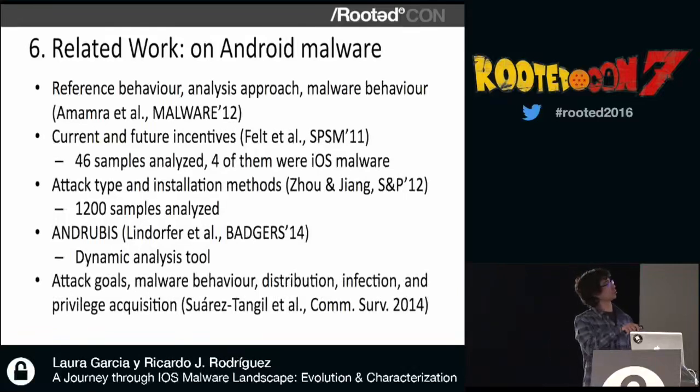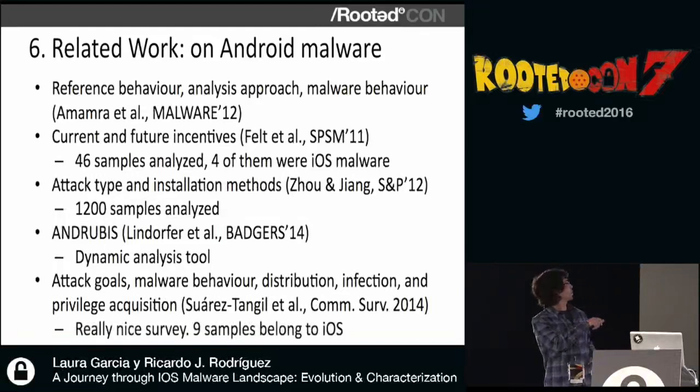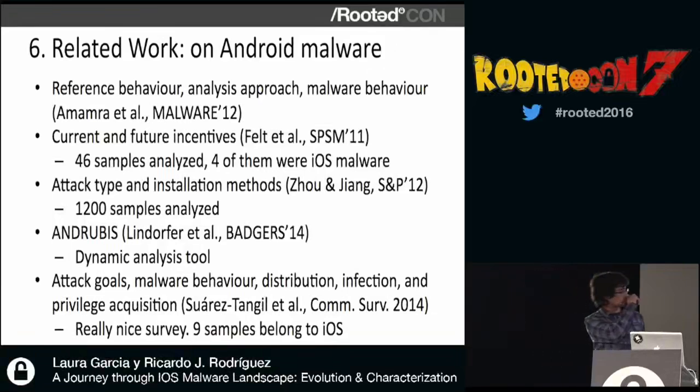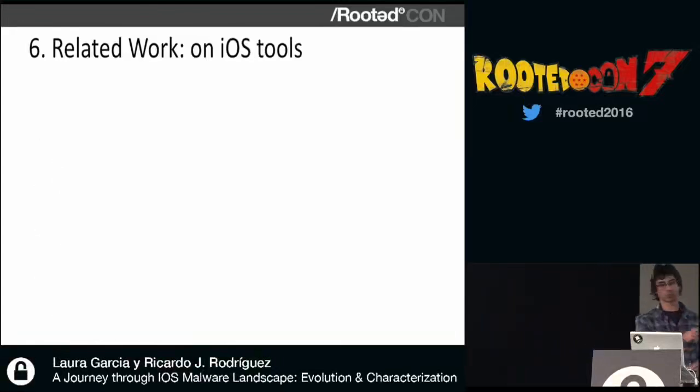And last but not least, this is a very significant paper by Spanish investigators, published in a very reliable journal. The paper includes a classification of Android malware based on attack goals, malware behavior, distribution, infection, and privilege acquisition. I can't remember how many samples there are from other mobile environments, but only 9 of those samples were in the iOS environment anyway.